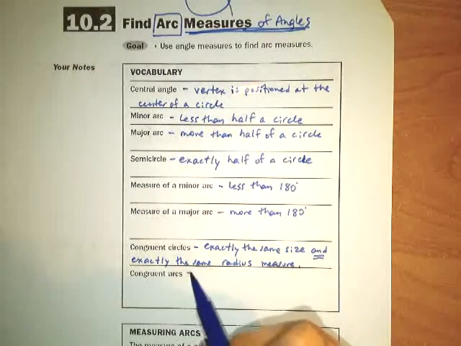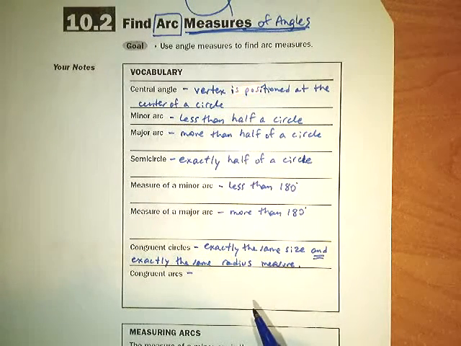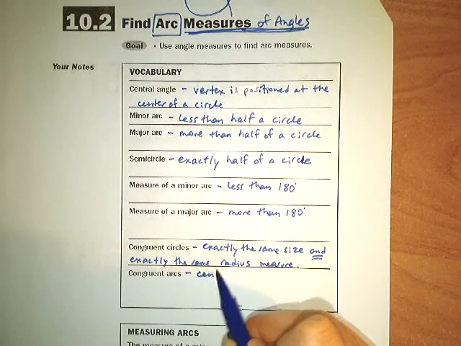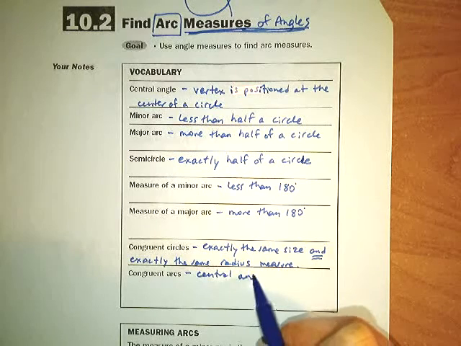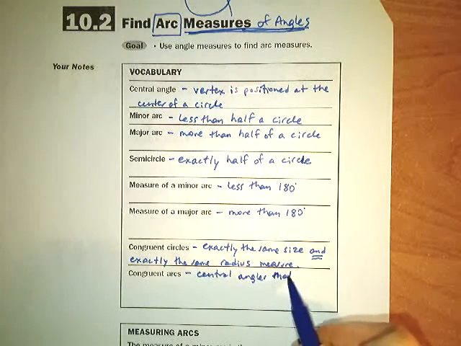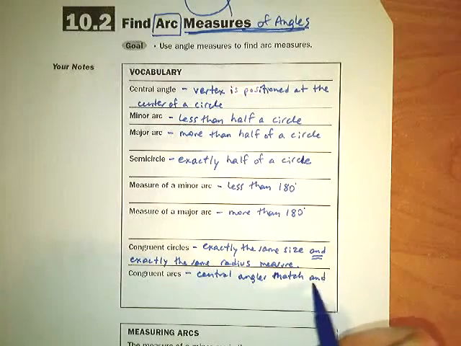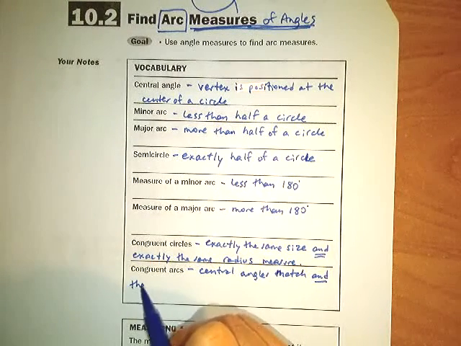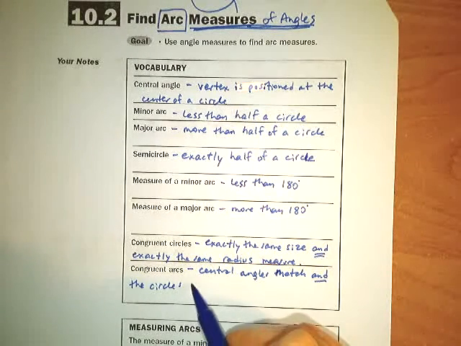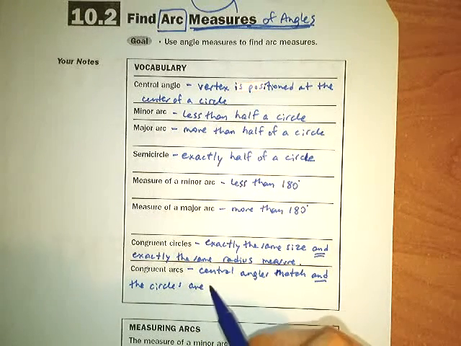Congruent arcs are arcs where the central angles match, and the circles that they're in are exactly the same size and shape.